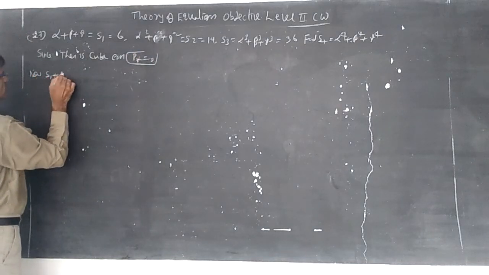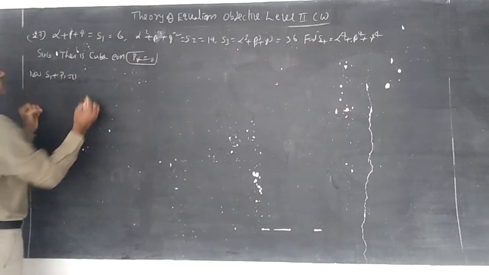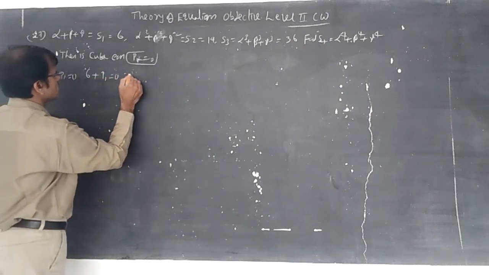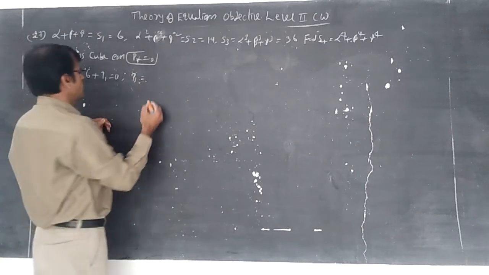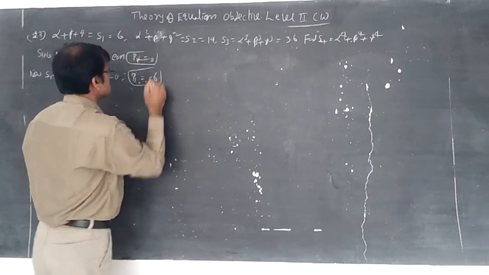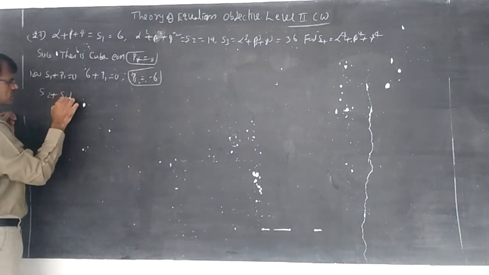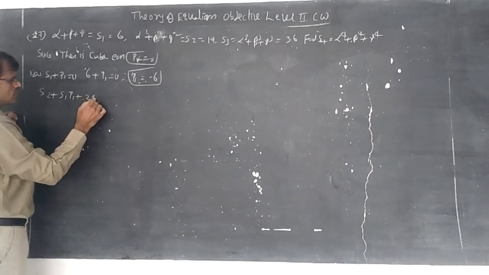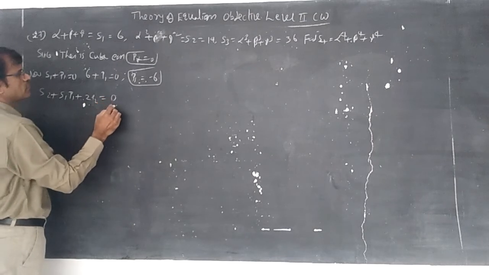Now, depending upon Newton's theorem, write the formula S1 plus P1 equal to 0. S1 means 6, so 6 plus P1 equal to 0. So P1 is equal to minus 6. Next, write the formula S2 plus S1 P1 plus 2 P2 equal to 0.